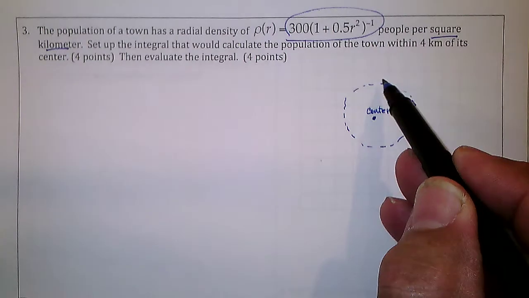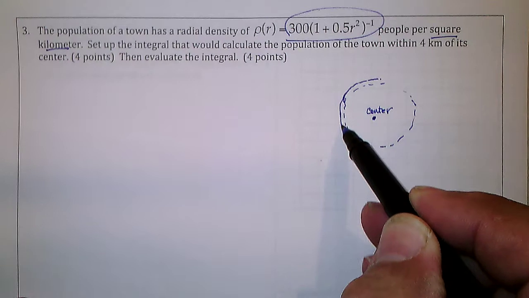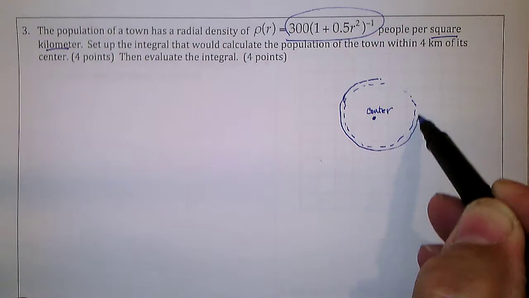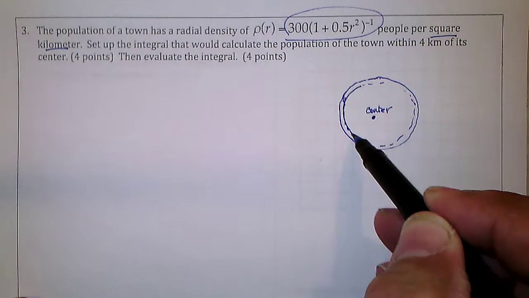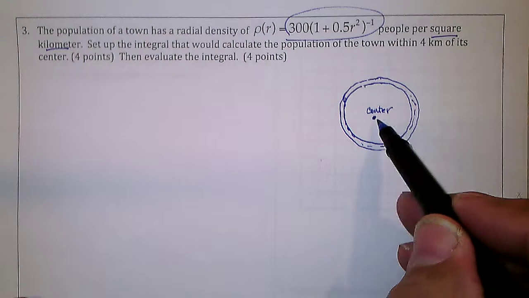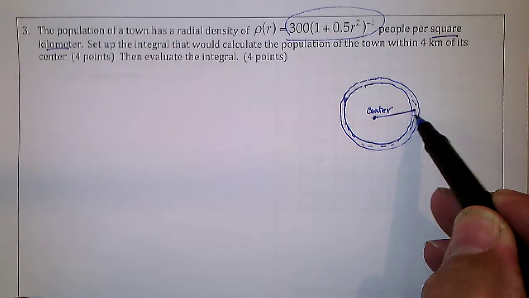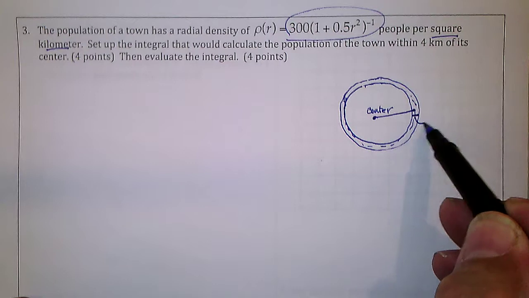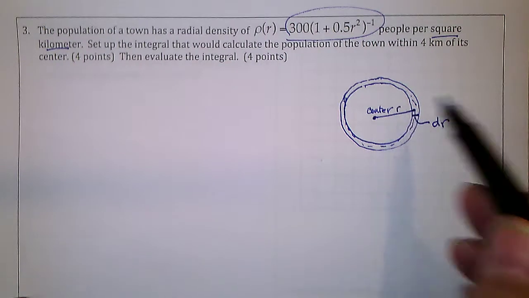So what we want to do is do a ring out here, which is out some radius, but the width of the ring would be then dr if this is the radius.